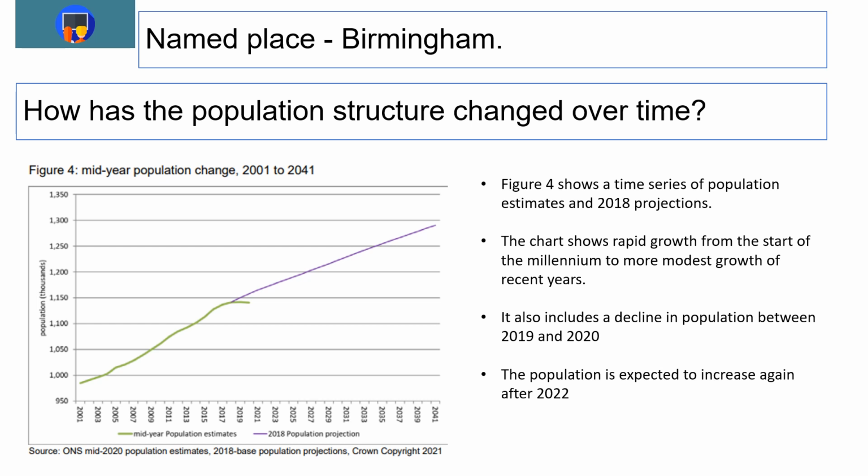It also includes a decline in population between 2019 and 2020. This can be attributed to COVID. The population is expected to increase again after 2022. Pause the presentation for a few minutes and copy the 4 bullet points into your workbook, please.